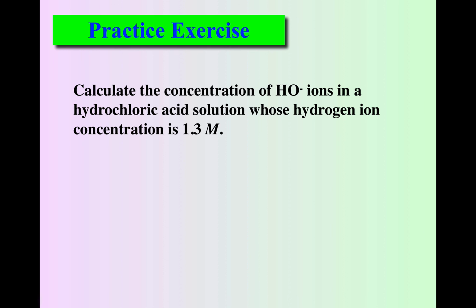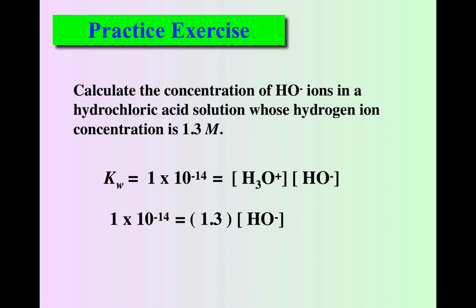So calculate the concentration of hydroxide ions in a hydrochloric acid solution of 1.3 molar. So we know what the H plus concentration is. I mean, this is a strong acid. So we have 1.3 as the concentration of the H plus ion. And if I want to find the hydroxide concentration, I just divide. All right, look, this is what's going to happen.